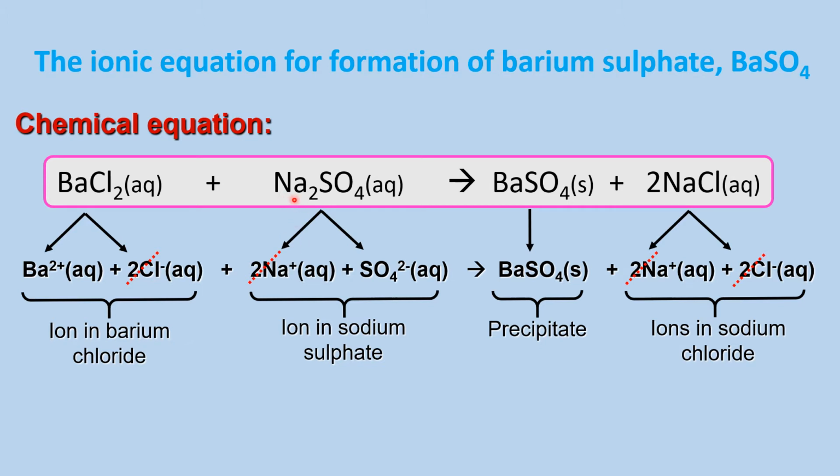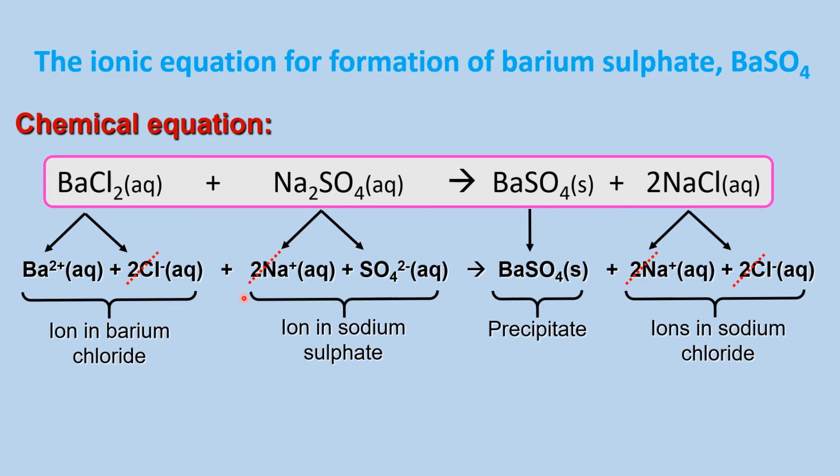And here Na+, we have 2Na+, 1 SO4 2-. Barium sulfate is a solid salt, it cannot be broken into its ions. And sodium chloride breaks into 2Na+ and 2Cl-.